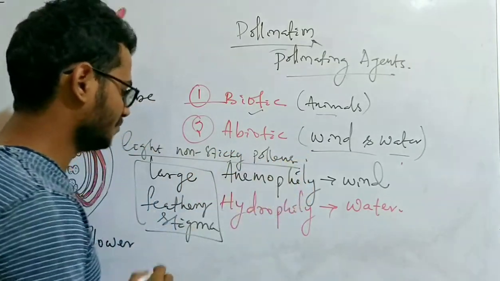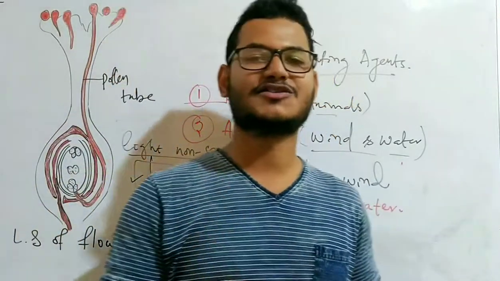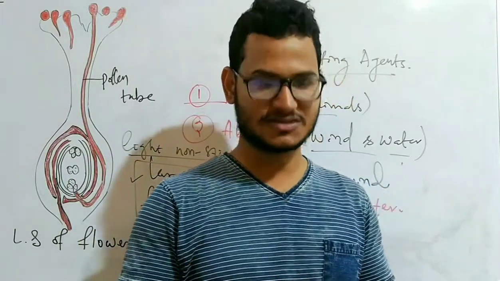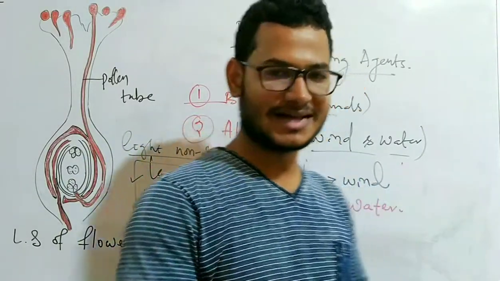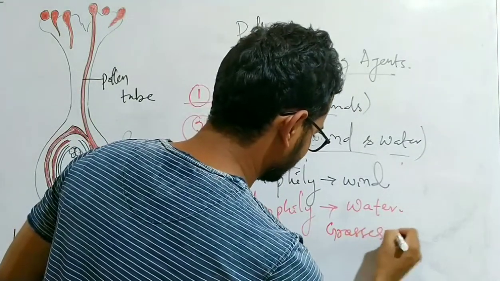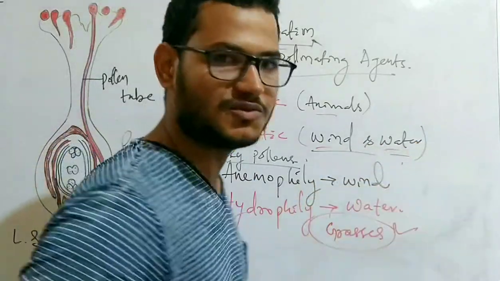Light non-sticky pollens and large feathery stigma are there in case of flowers. And this type of pollination is very common in case of grasses. So in different species of grasses, the pollination takes place by means of wind and water.